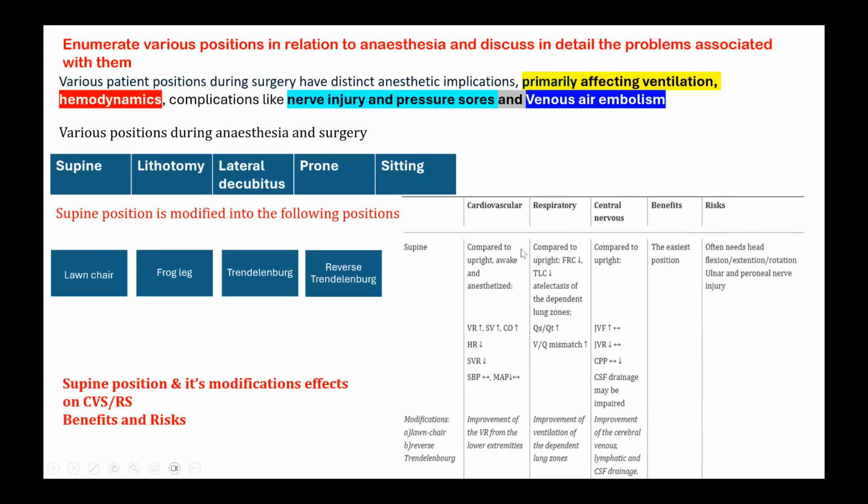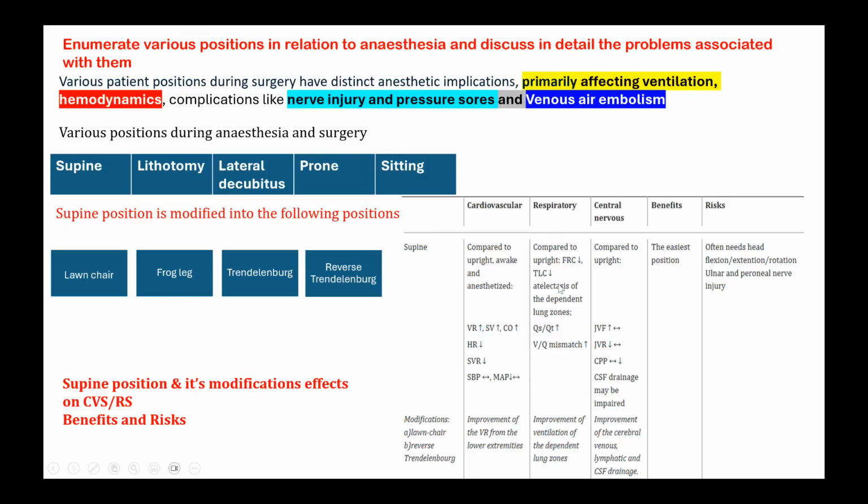Compared to upright, awake and anesthetized patients, they feel comfortable in supine position. And here the venous return is increased, stroke volume is normal, cardiac output is normal, heart rate will be slightly decreased, SVR will be slow, and mostly this will not produce much change in the cardiovascular response.